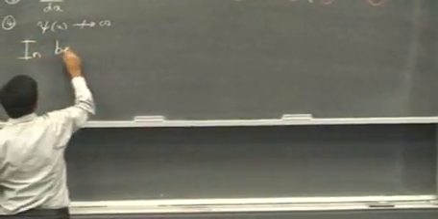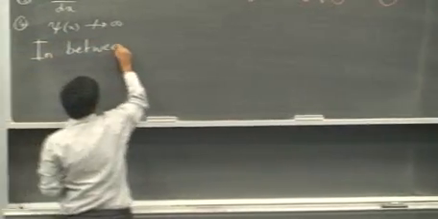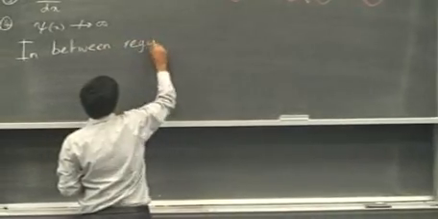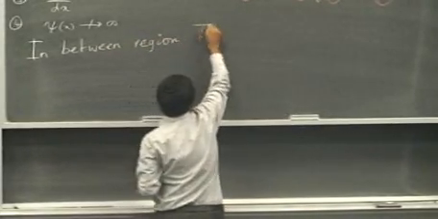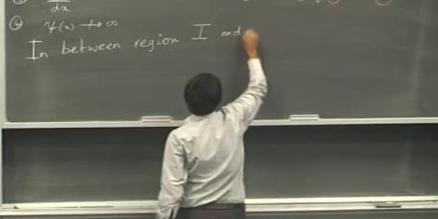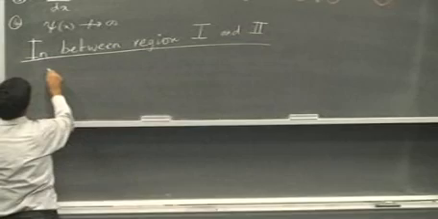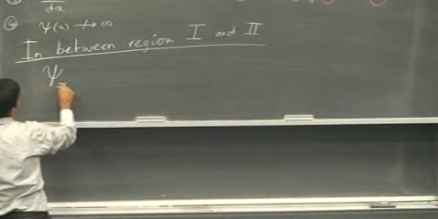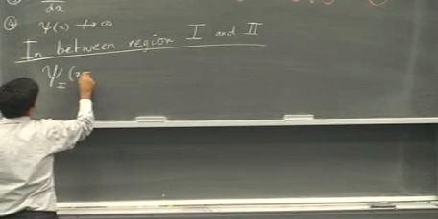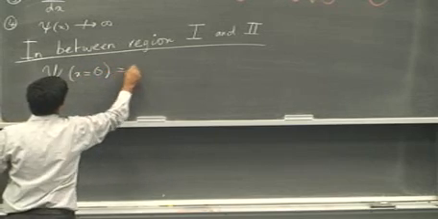In between region 1 and 2, the wave function in region number 1 at x equals 0 is 0.